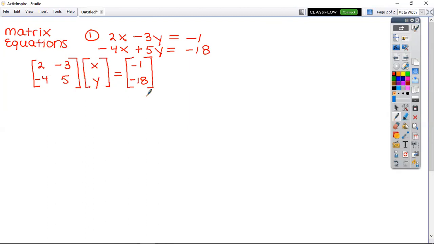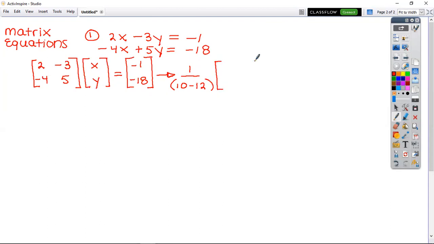Next step that we're going to do here is the same exact as what you did to find the inverse. So I'm going to continue, and I'm going to do 1 divided by the determinant. So my determinant is going to be right off this matrix. So it's going to be 10, and then minus, and then 12. Same thing as you did for your inverse.